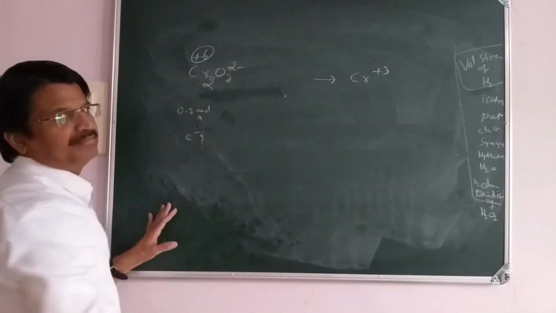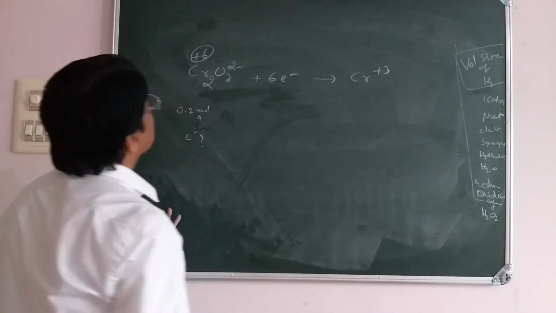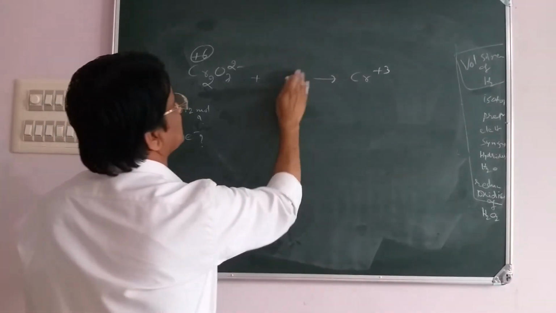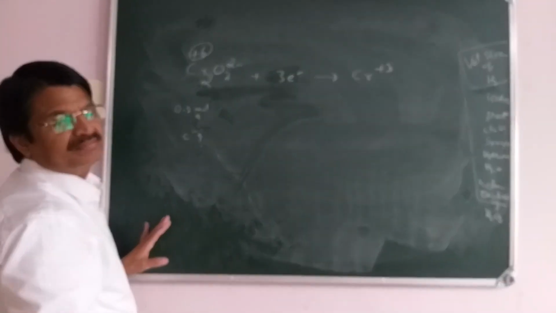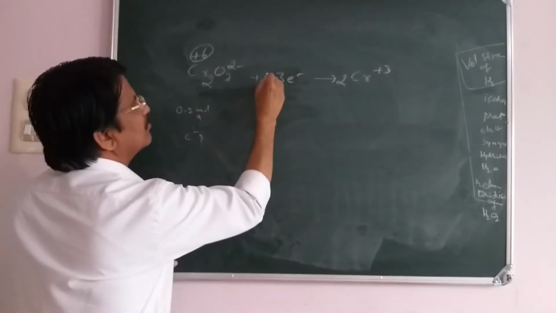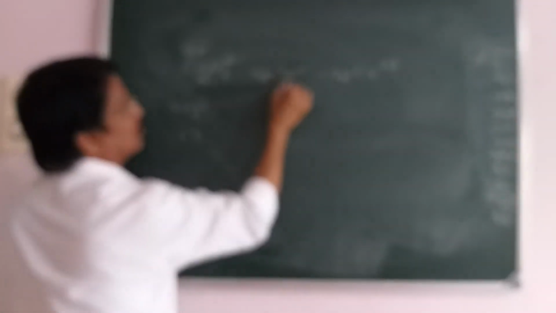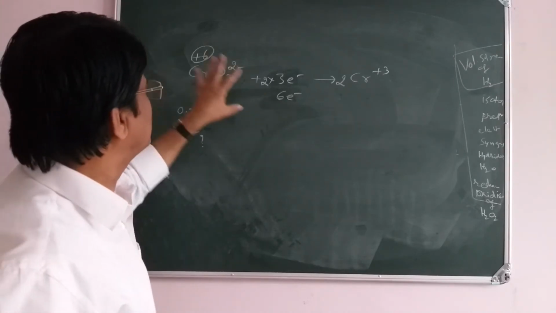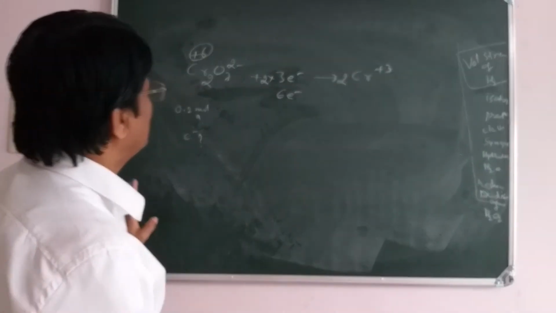For 1 chromium, when 3 electrons are transferred, chromium plus 6 becomes plus 3. But there are 2 chromium, so multiply by 2. Therefore 6 moles of electrons are required to convert 1 mole of dichromate ion to 2 moles of Cr plus 3.